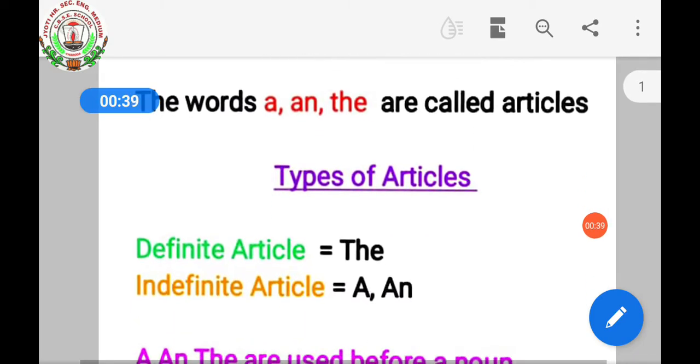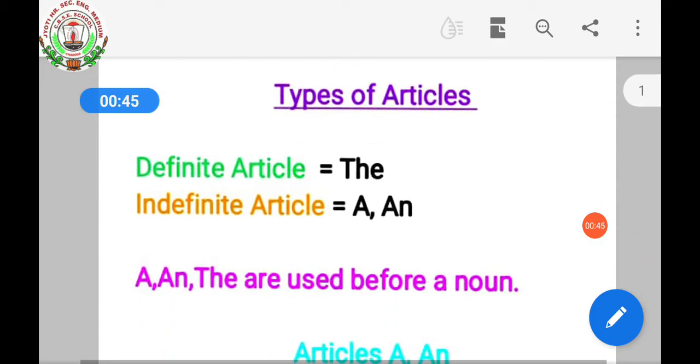Okay. So how many types of articles are there? Two types of articles are there. One is definite articles and the second is indefinite articles. Under definite articles, we use the, and under indefinite articles we use a and an.